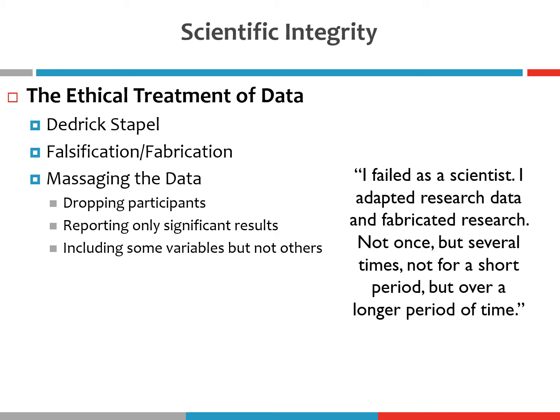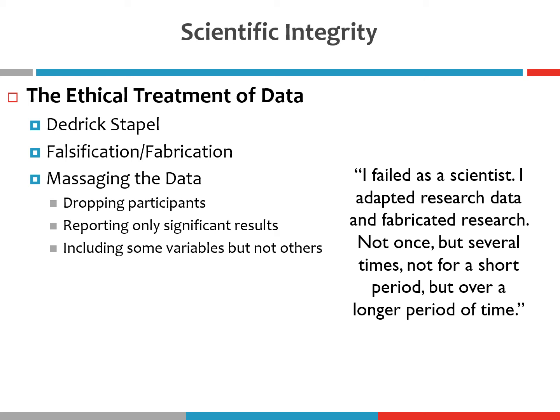But also, there's such a thing as massaging the data, right? So for example, excluding participants from your data that don't follow the pattern that supports your hypothesis would be an example of an unethical treatment of the data, as well as only reporting significant results.